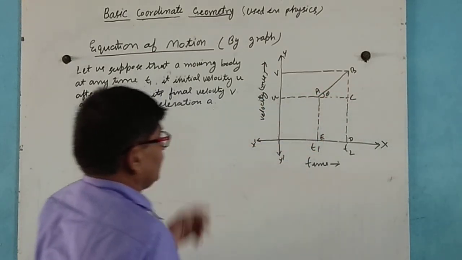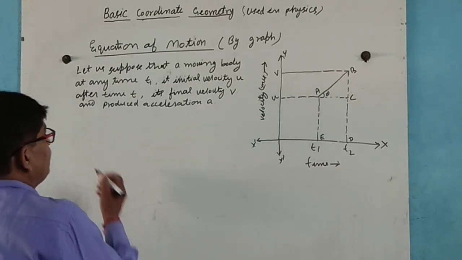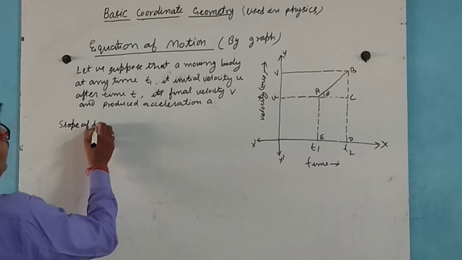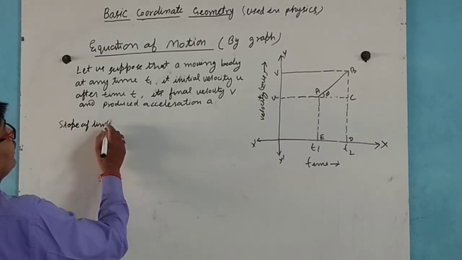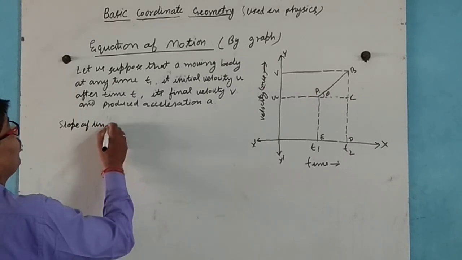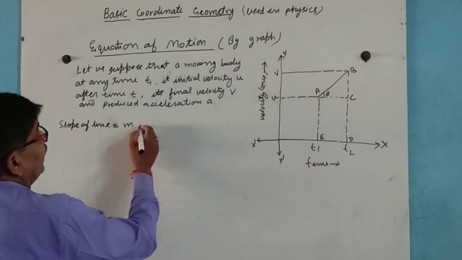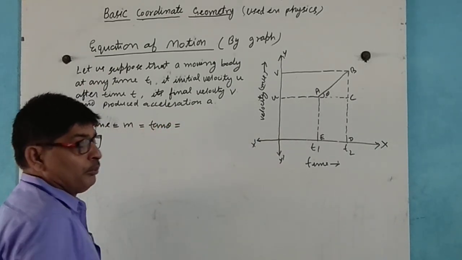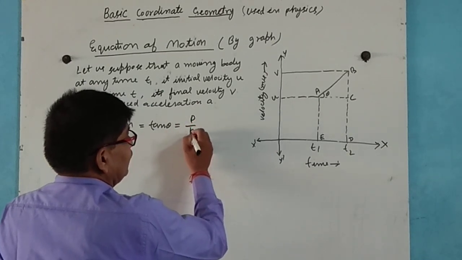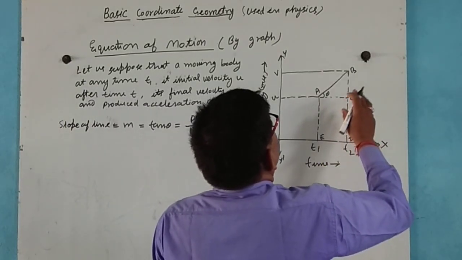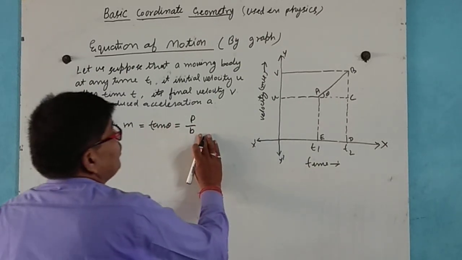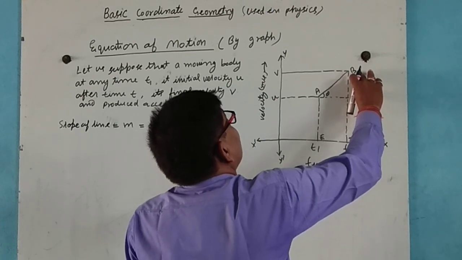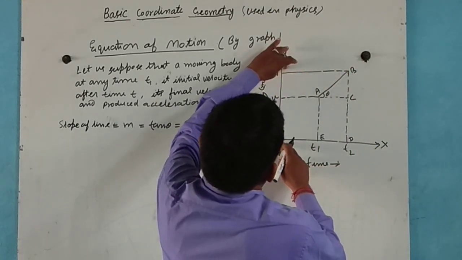I know that the slope of a line m is equal to tan theta, which is perpendicular P by base B. This is the perpendicular.